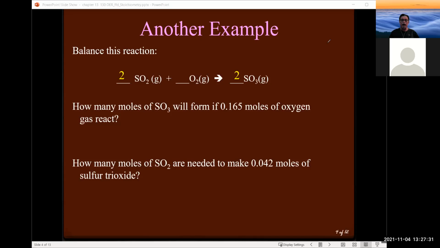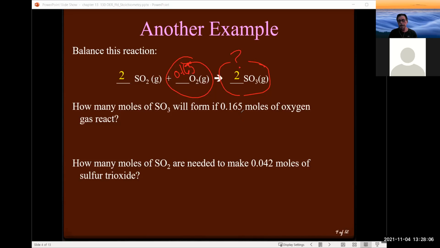All right, so now the question asks, how many moles of sulfur trioxide will form if you have 0.165 moles of oxygen? So they're talking about sulfur trioxide, starting off with 0.165.